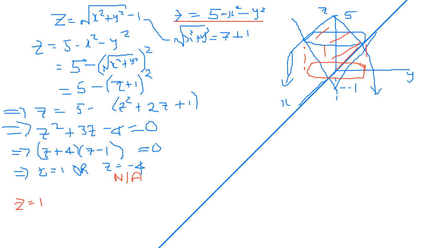If I put z equals 1 in that, I'm going to get 1 equals 5 minus x squared minus y squared, or you're going to get x squared plus y squared is equal to 4. So that's the equation of that circle there. x squared plus y squared equals 4.